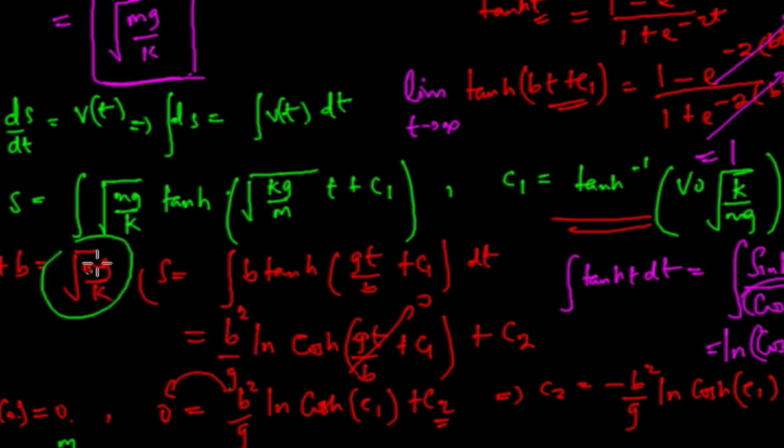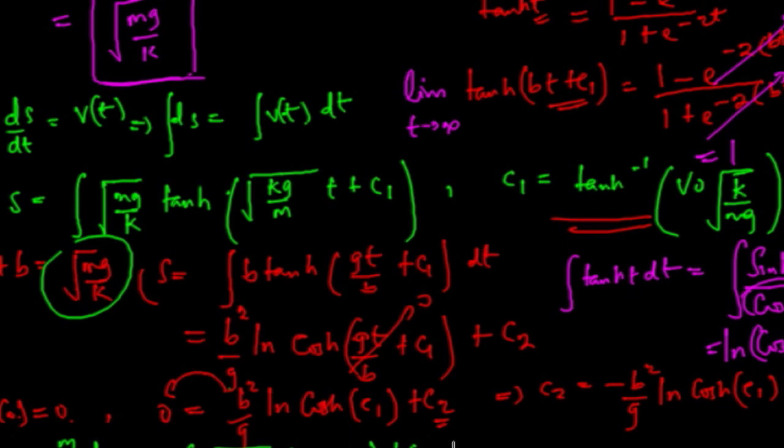So b squared is going to clear the root sign. So we'll have m over k ln of the cosine of root of kg all over m t plus c1, plus c2.